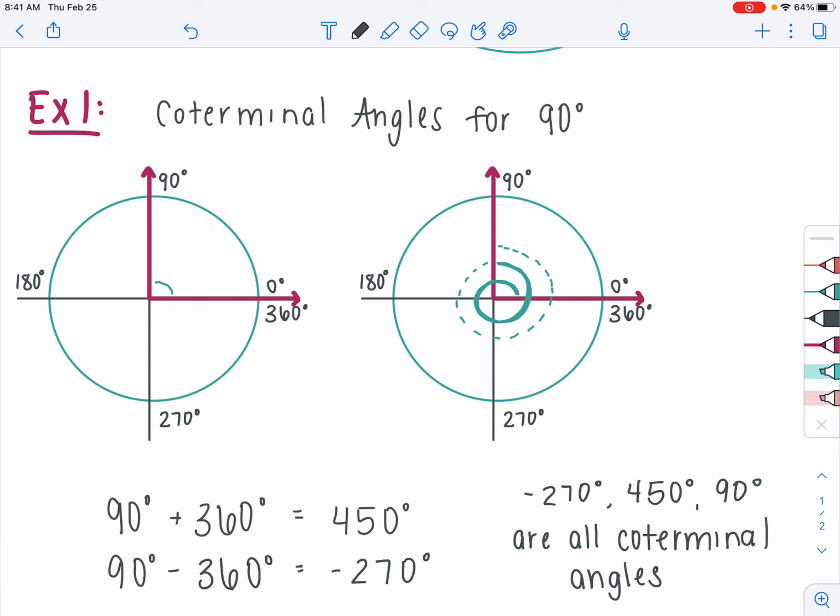So now, if I wanted to draw a negative coterminal angle, so if I wanted to show a negative coterminal angle of negative 270 degrees, the only difference would be that instead of traveling counterclockwise around my circle, I'm going to travel clockwise.